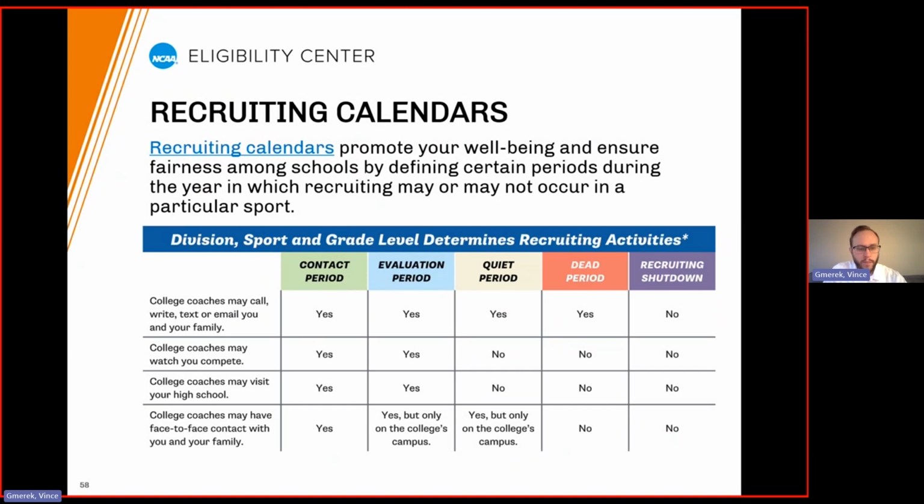So rather than you be responsible for knowing any of those rules, you can click on the link for recruiting calendars. But again, you can always contact the NCAA schools directly for more information. The worst case scenario is that the school may not be able to have direct contact with you at any given point. And so at that point, they may just not respond to your requests. But that's as bad as it could get. You can't get in any more trouble than them just not being able to talk to you at that given moment.